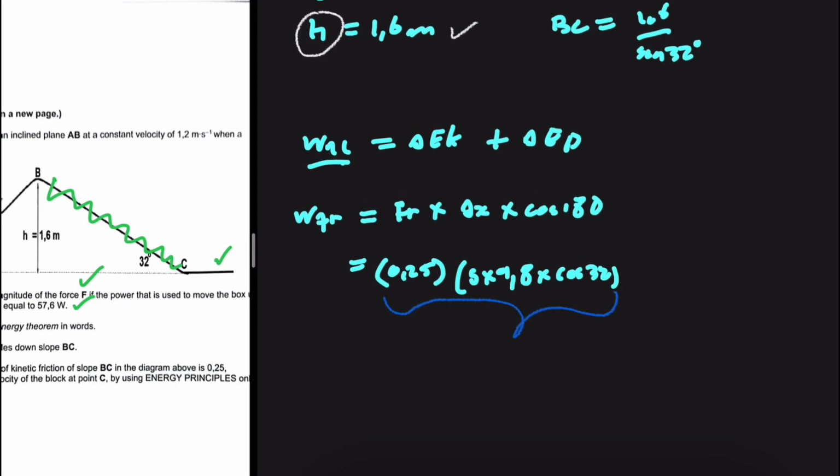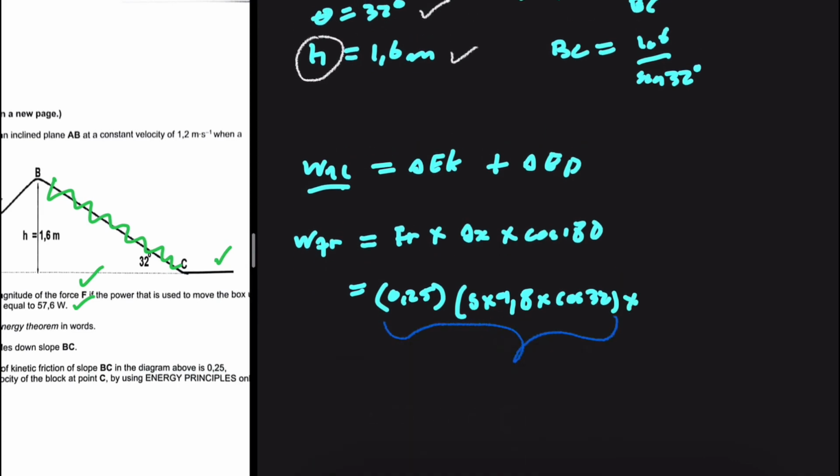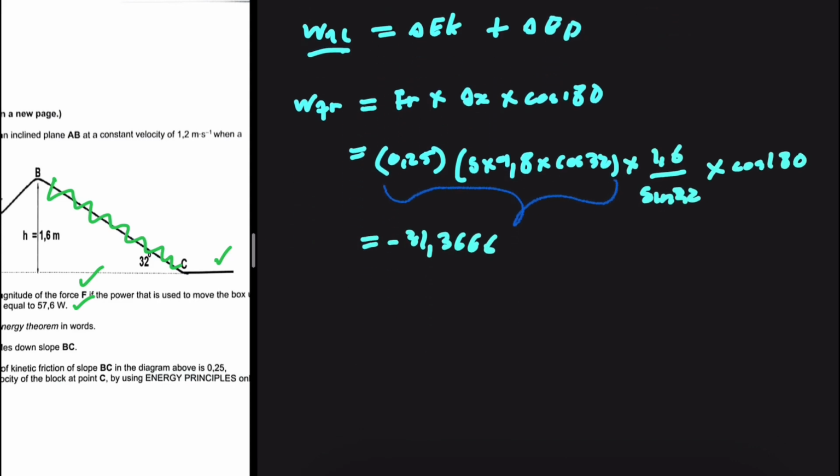Now we need the delta x. Delta x, as we have calculated above, is 1.6 divided by sine of 32. Then everything multiplied by cos of 180. This will be equal to minus 31.3666. That is the work done by the frictional force.